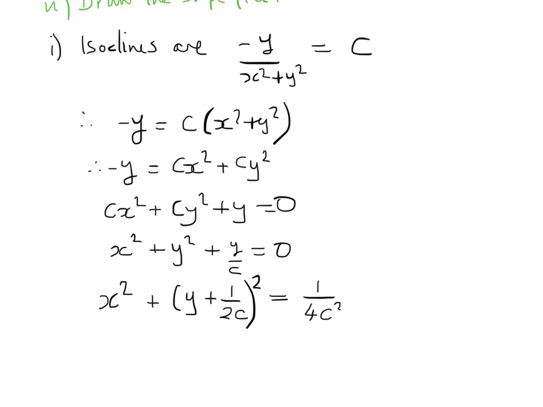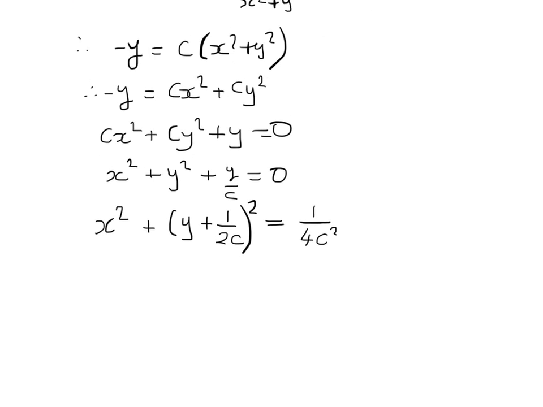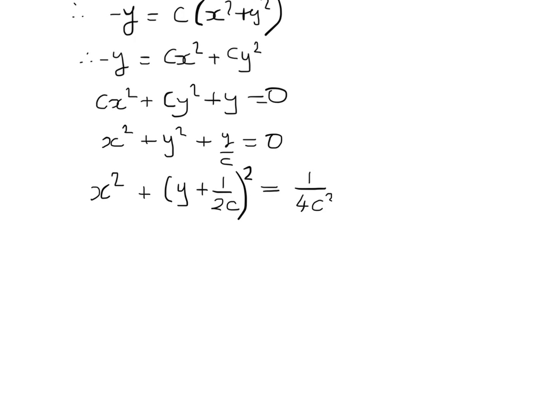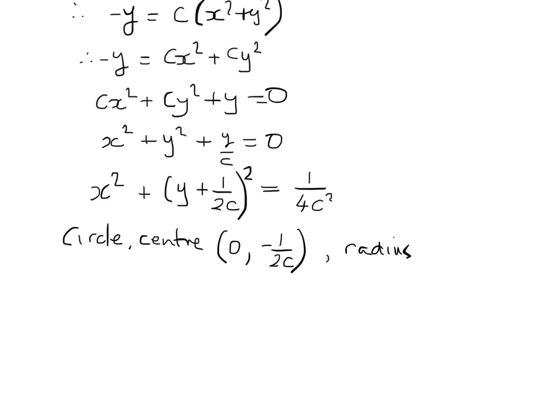Okay, well, what is this then? This is, as I said, an equation of a circle. So this is a circle, and the center of the circle is 0, minus 1 over 2c, and the radius is the square root of the right-hand side. Remember, this is x minus a squared plus y minus b squared equals r squared. So the radius is, of course, 1 over 2c.